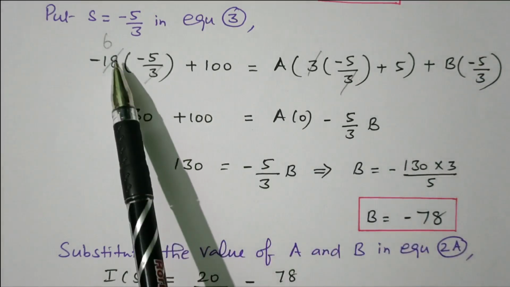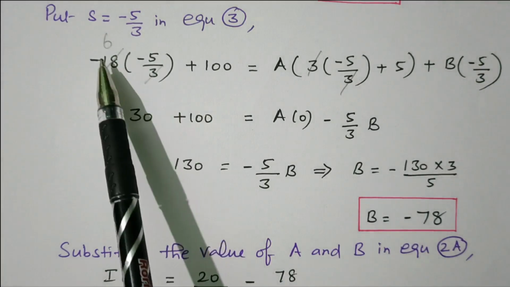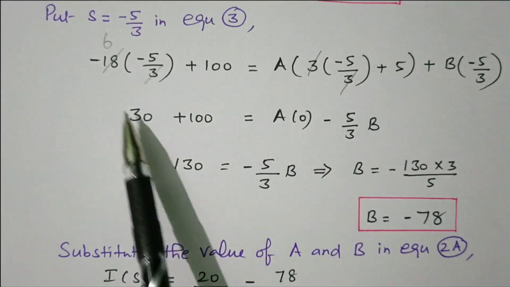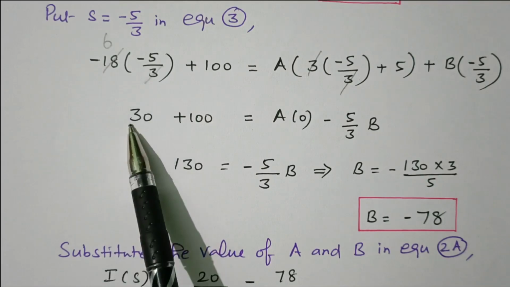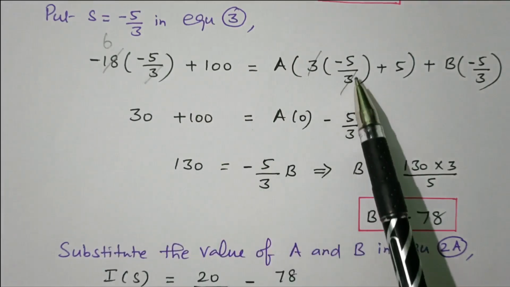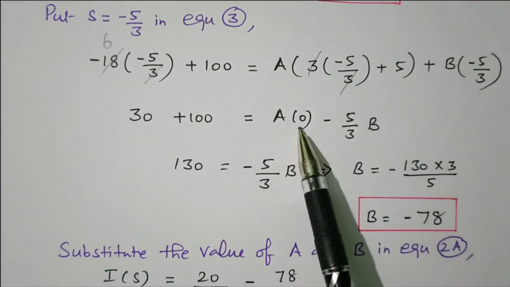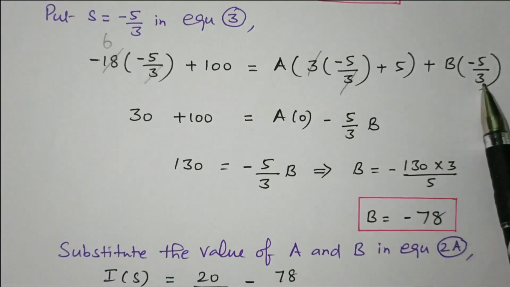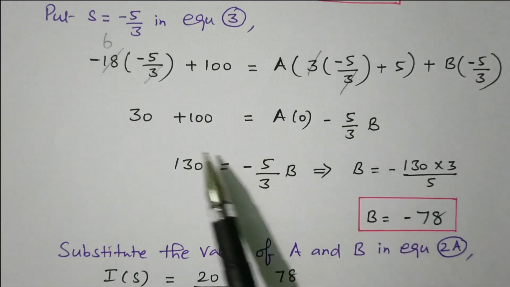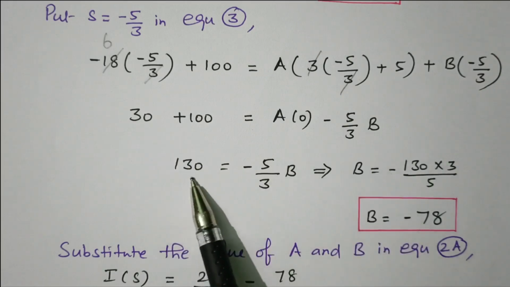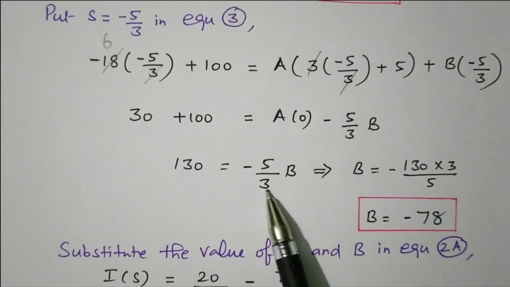So 18 by 3 is 6 times, 6 into 5 is 30. Minus available 2 times, so it becomes plus 100. This 3 got cancelled. Minus 5 plus 5, so this term is 0. Here minus 5 by 3 B. So 30 plus 100, 130.